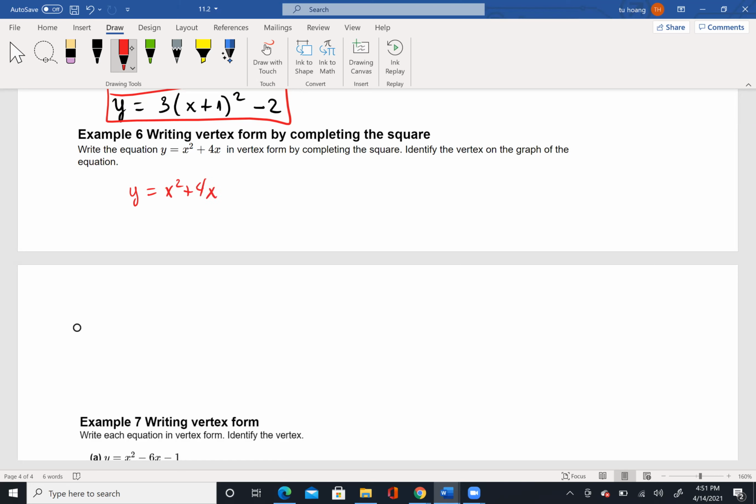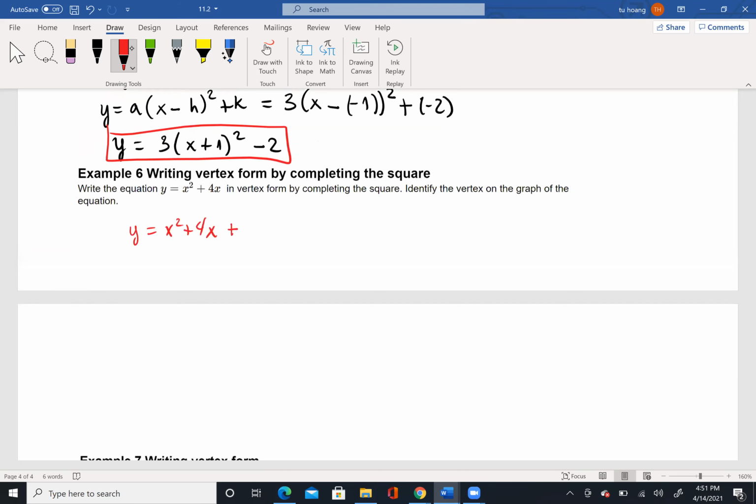And what you do now is you're going to add b over 2 squared.